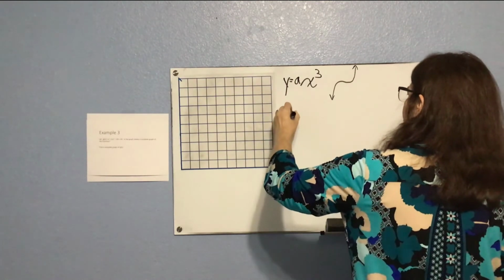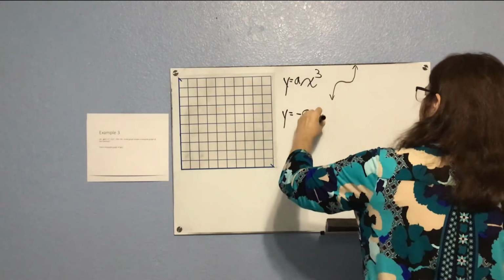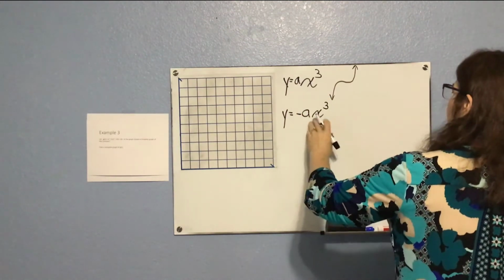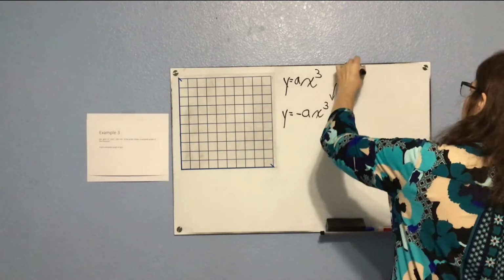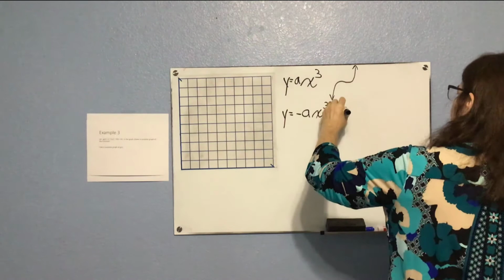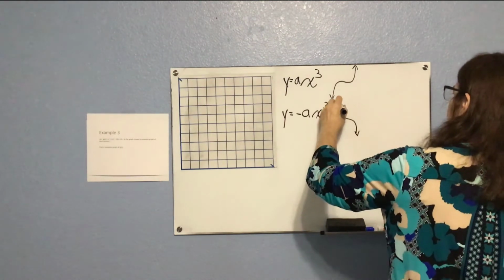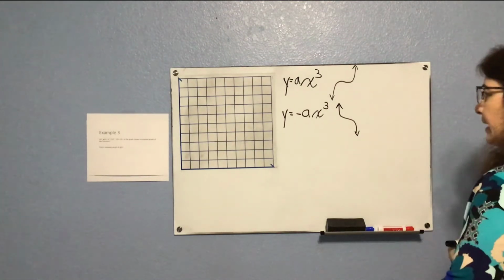But if I had, I'm going to use negative a to signify a negative coefficient here, something's going to happen to this polynomial. Instead of starting low and ending high, it's going to start high and end low, so it'll look like that.